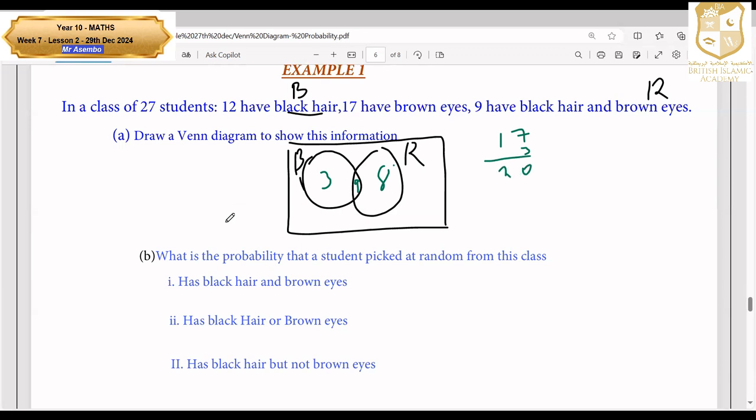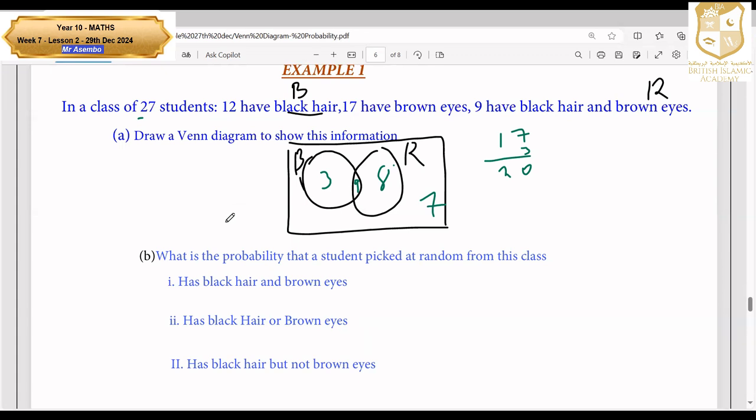So 20 students have either black hair or brown eyes. Our sample space was 27, the universal set, which means 7 are remaining. They don't have brown eyes, nor black hair.